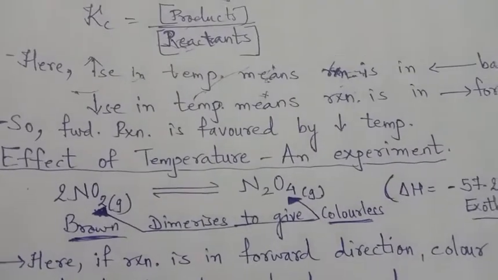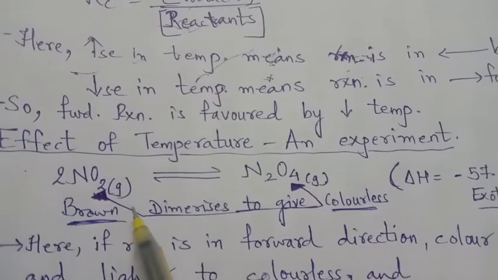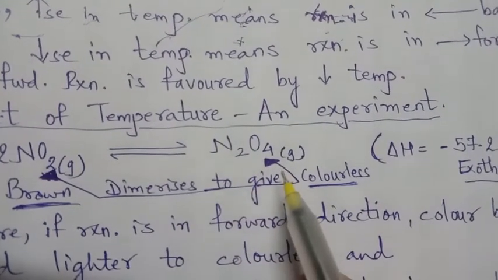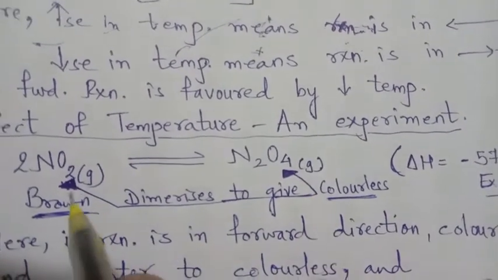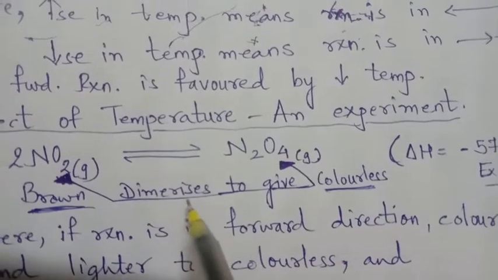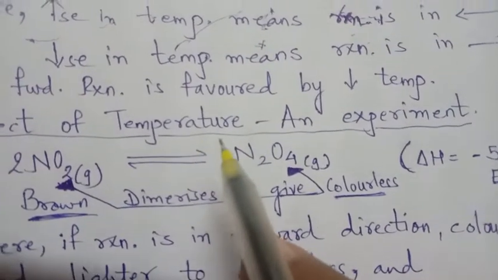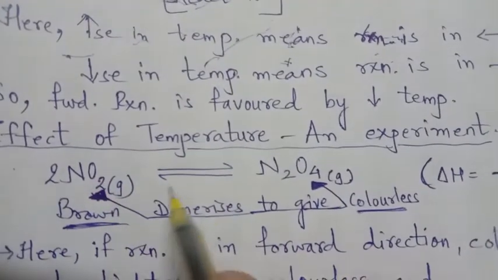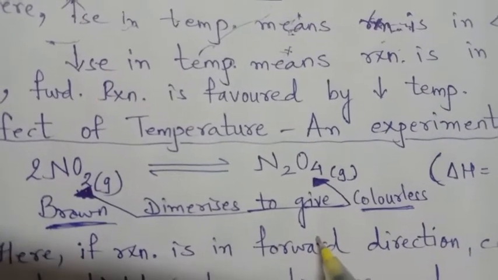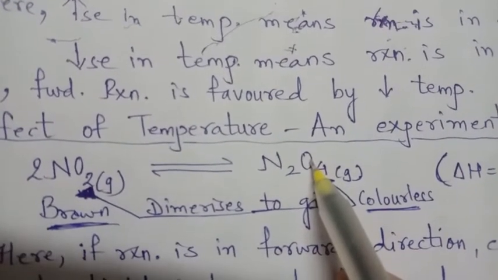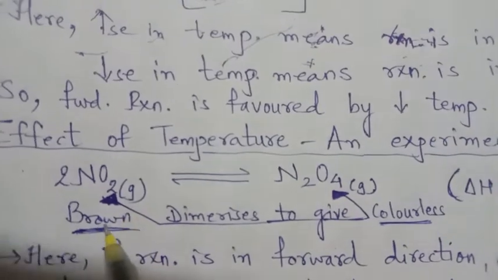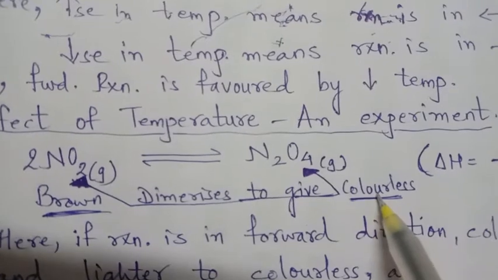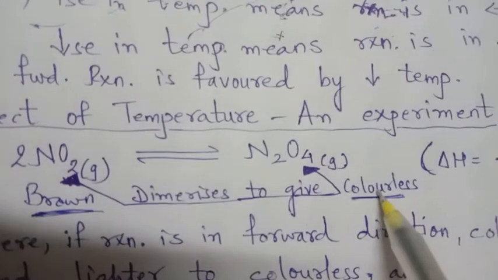If 2NO2, nitrogen dioxide gas, is taken, then it gives N2O4. This NO2 undergoes dimerization, that means two monomers give one dimer. So this NO2 undergoes dimerization and gives N2O4, where in the forward direction brown color gradually becomes colorless.